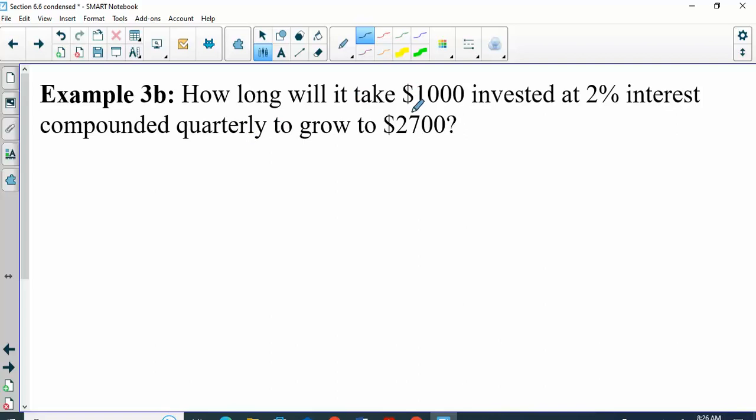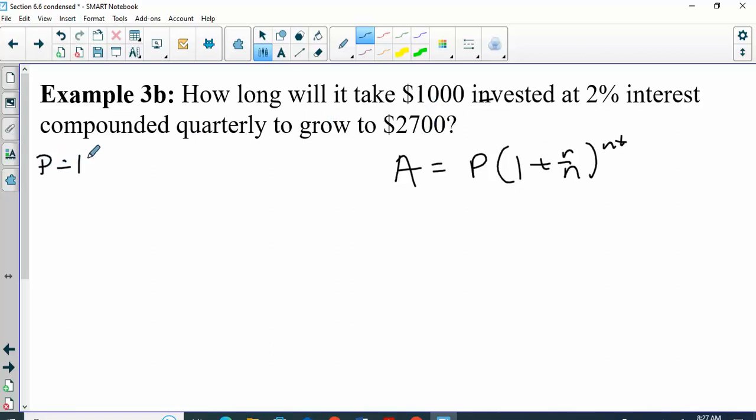How long will it take $1,000 invested at 2% interest, compounded quarterly, to grow to $2,700? So what formula am I using? A equals 1 plus. What is the 1,000?